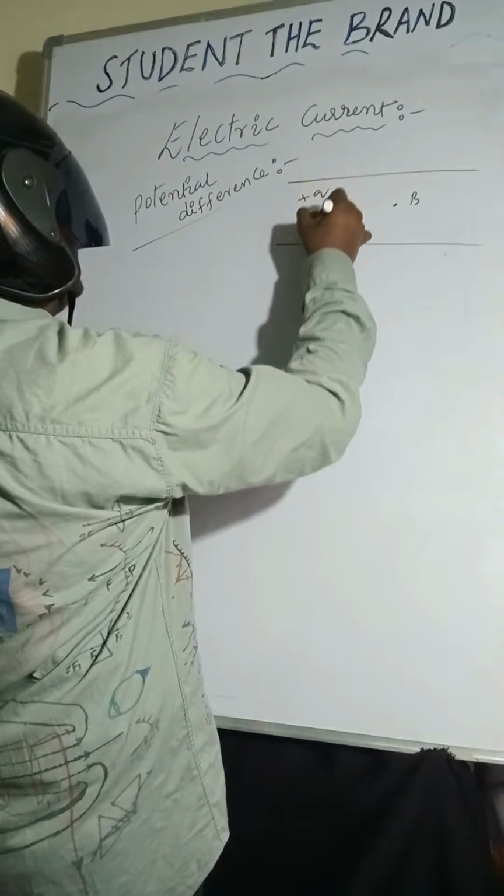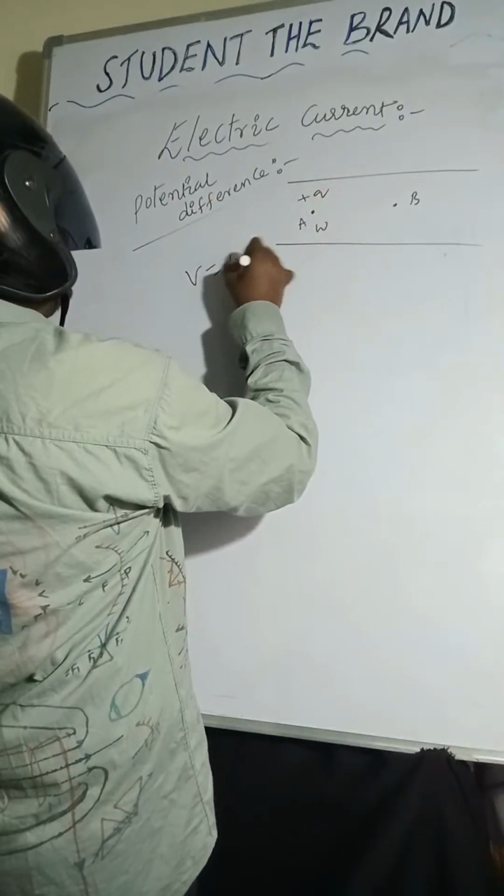So here a positive charge is there, we are doing work. So V equals W by Q.